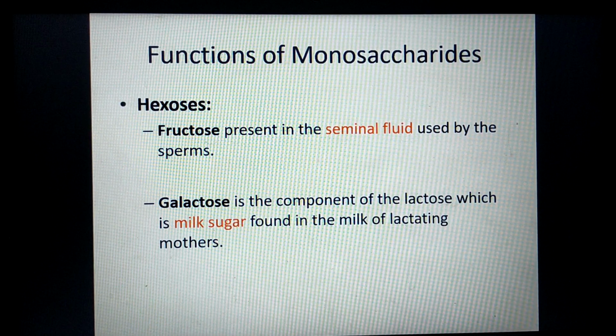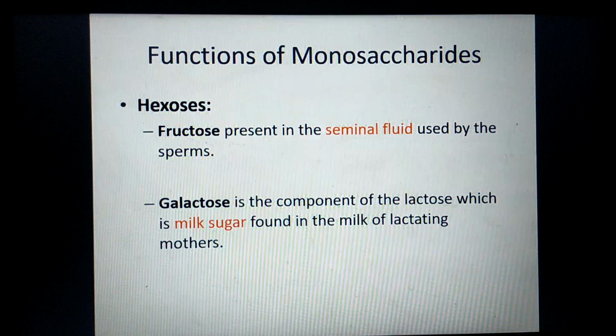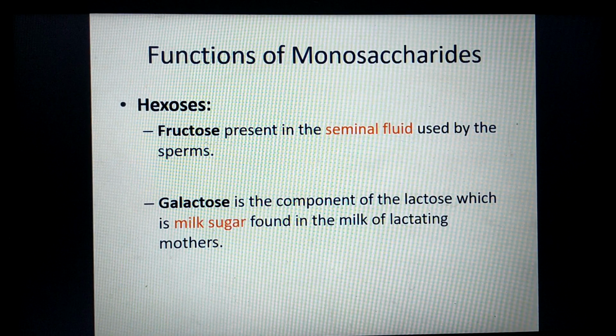Another hexose is fructose, which is present in the seminal fluid, and sperms use this fructose for energy. Galactose is a component of lactose, which is a milk sugar found in the milk of lactating mothers.